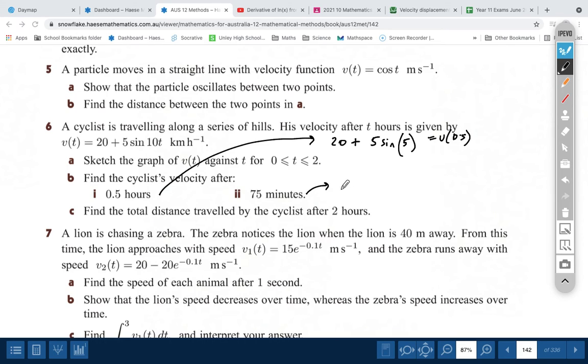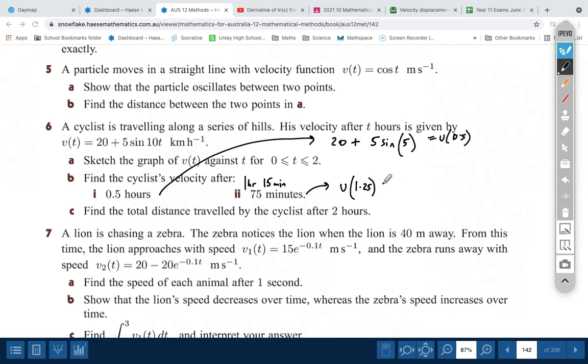Here, the velocity at 75 minutes. So that's an hour and 15 minutes. And 15 minutes is a quarter of an hour, so you need to be doing 1.25 or 1 1/4, same thing.